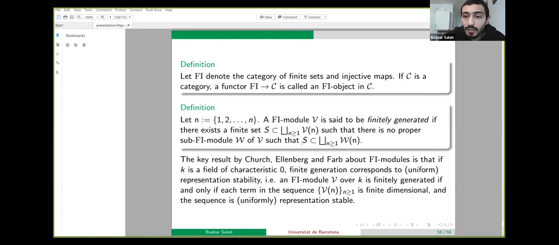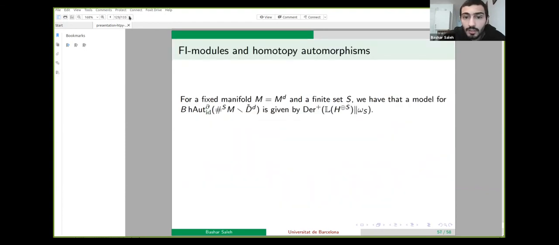A key result by Church, Ellenberg, and Farb is that in characteristic 0, being finitely generated is equivalent to having uniform representation stability. So one can just prove that it's finitely generated and you're done. Now let's go back to the homotopy automorphisms.